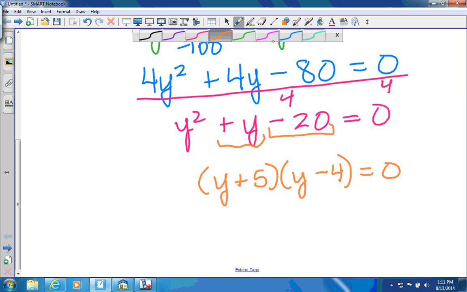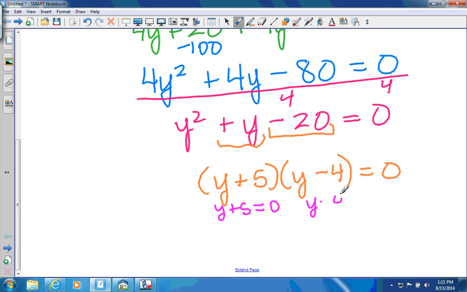If you set each of these equal to 0, in this case y equals negative 5, and this is y equals positive 4.